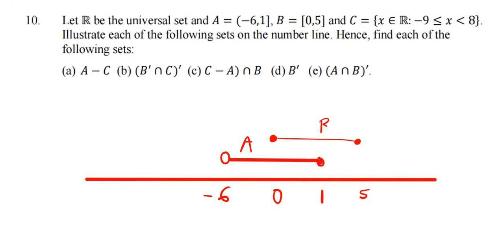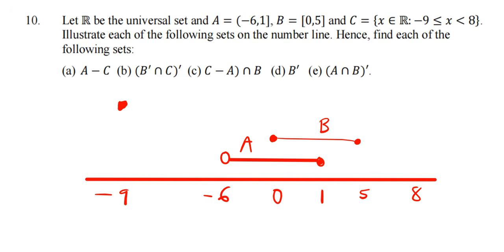This is B. Then C, if I'm going to look at C, we're moving from -9. If I put -9 here, and I put 8 somewhere there, now I'm able to see that -9 is included, but 8 is not included. So at -9, because it is included, I'm going to shade.